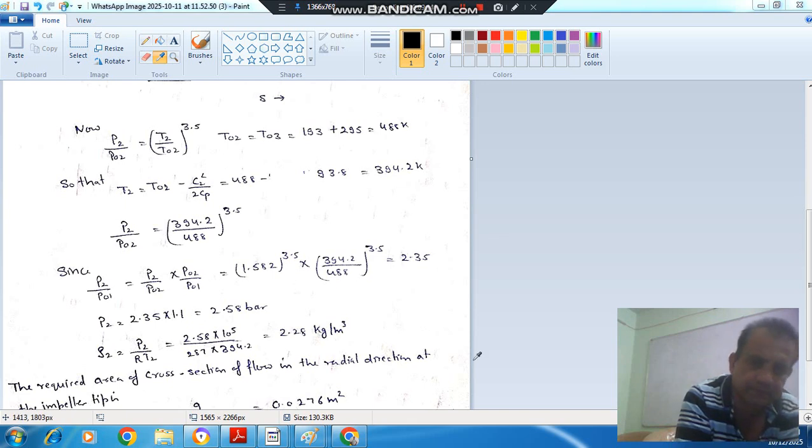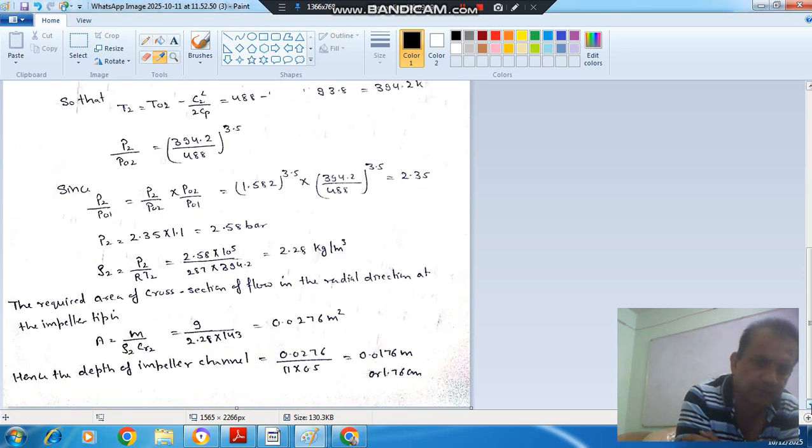So density is 2.28 kilogram per meter cubed. After calculating density and after assuming CR2, we can calculate area, and area is pi into D into depth of impeller. So depth of impeller comes out as 0.0176 meter, or 1.76 centimeter.